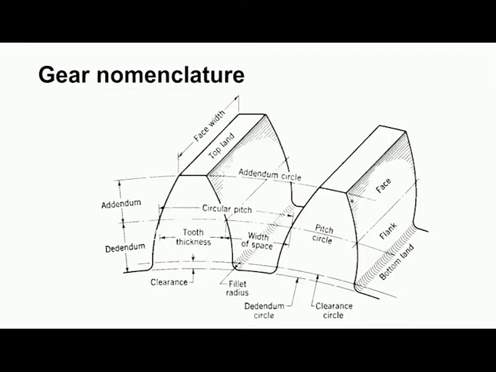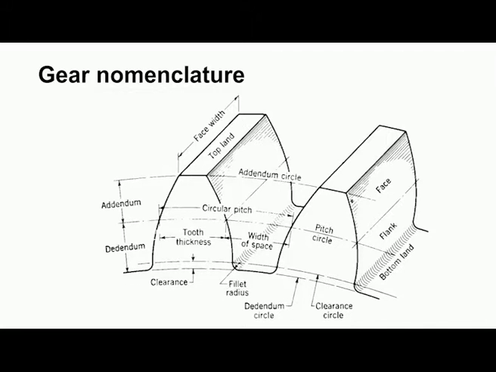We have a dedendum circle which will pass through the root, and the radial distance between the dedendum circle and the pitch circle is known as dedendum.